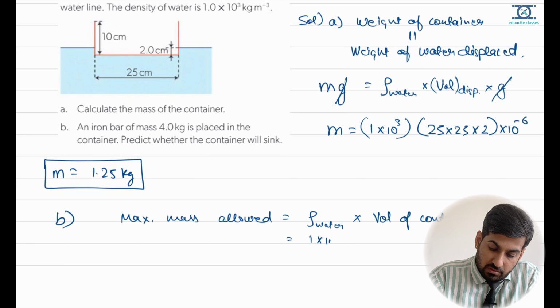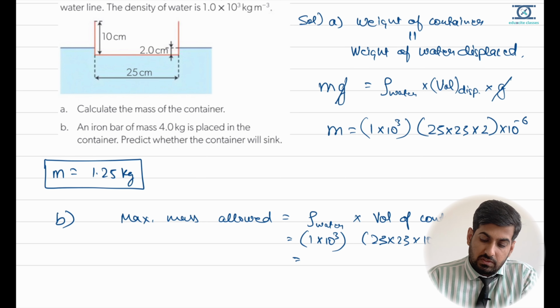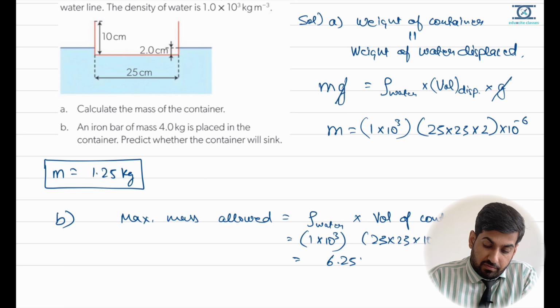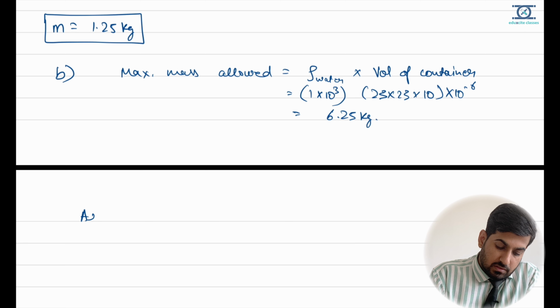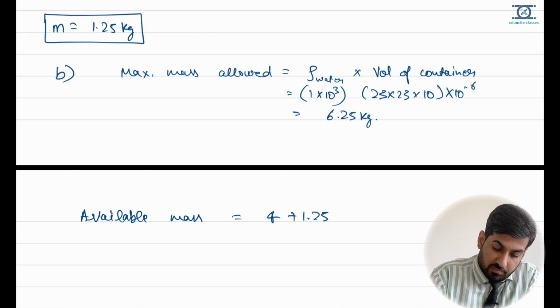So 1 into 10 raised to power 3 times 25 times 25 times 10 into 10 raised to power minus 6. If you do this calculation, you will get 6.25 kg. Now the available mass is the mass of the container plus 4 kg, so 1.25 plus 4, which is 5.25.